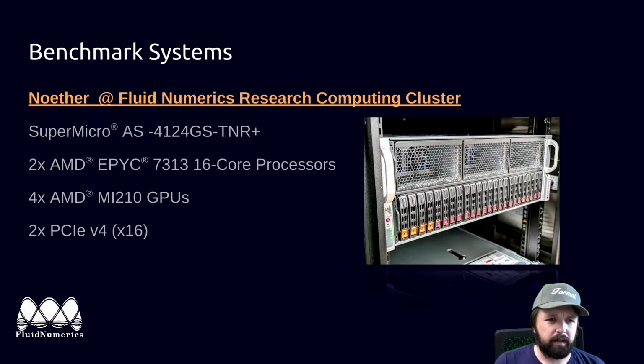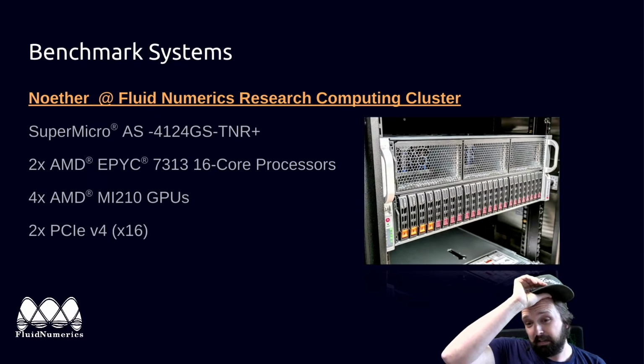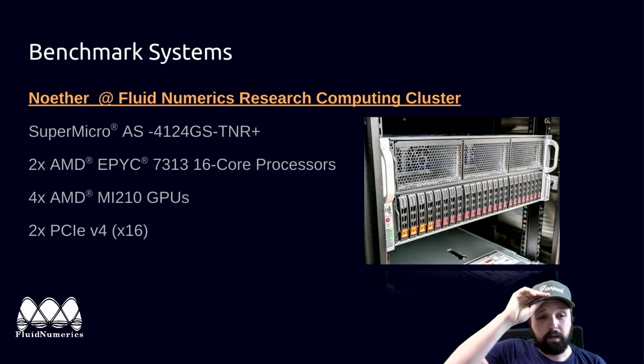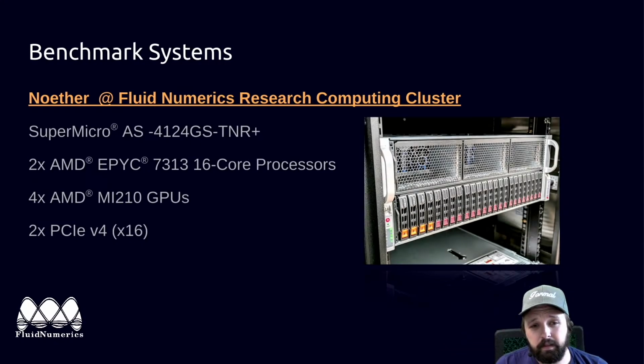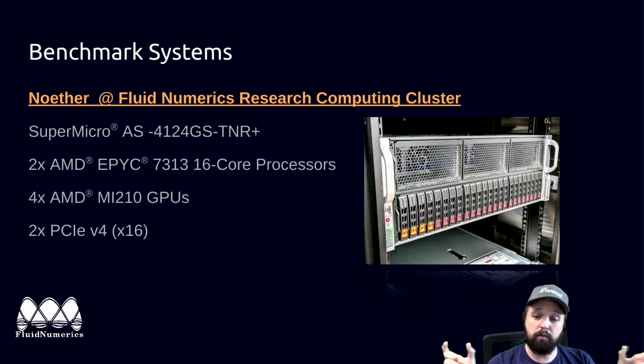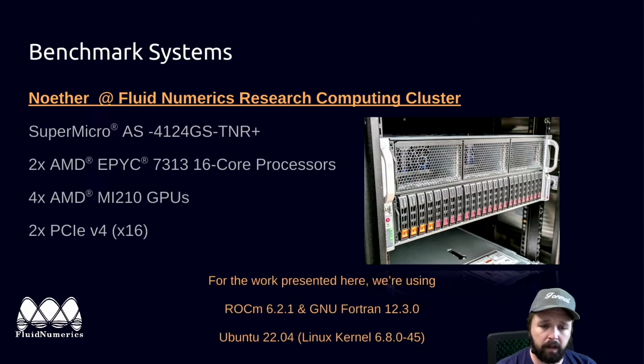It's an older model, the AS-4124GS. It's got two AMD EPYC 7313 16-core processors in it. We've got 4 AMD MI210 GPUs, so we're only half loaded. This system can actually fit up to 8 GPUs in it, but we only got it half loaded. The interconnects between each CPU and the two halves of our GPUs are connected via PCIe v4 x16 lane.